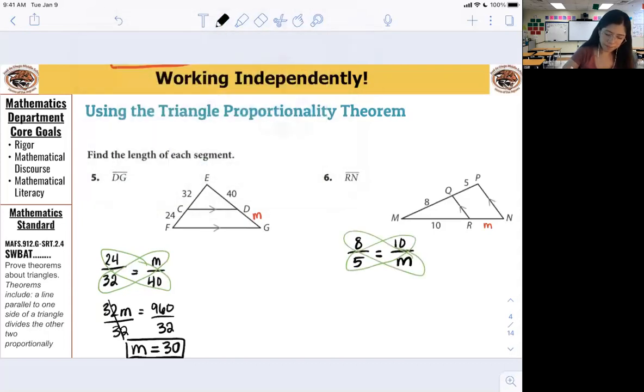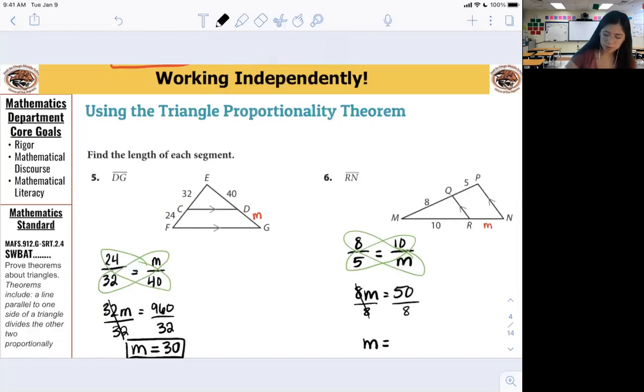We got 8m equals 50. I've got to divide both sides by 8. 50 divided by 8. Can I simplify that? So as a decimal, I get 6.25, but if I keep it as a fraction, what can I simplify that as?